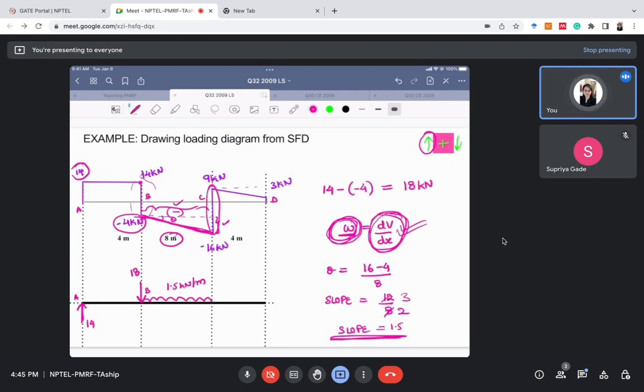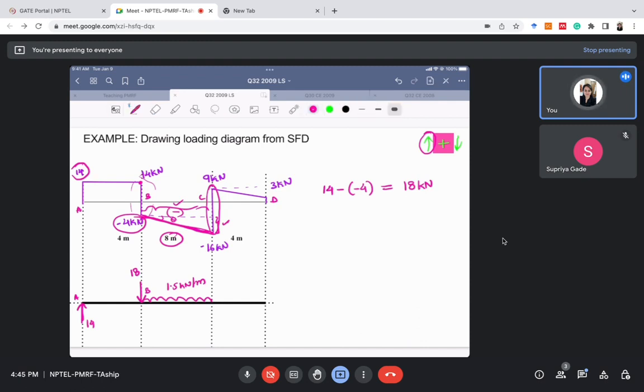It was minus 16 kilonewton earlier, and it has jumped up to 9 kilonewton. It was minus 16 earlier, and it has become plus 9. Very good. So there's a jump of 25 kilonewton.